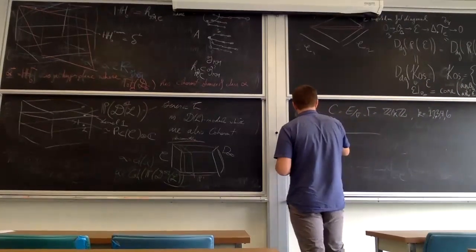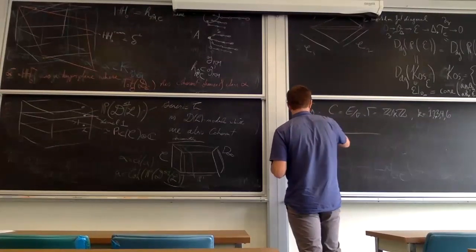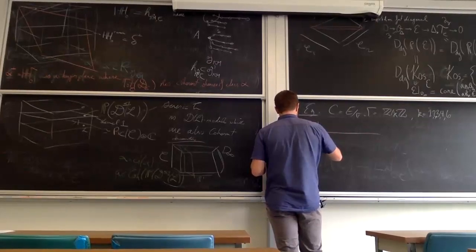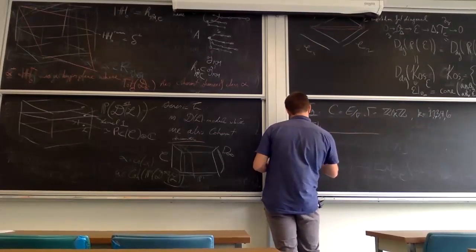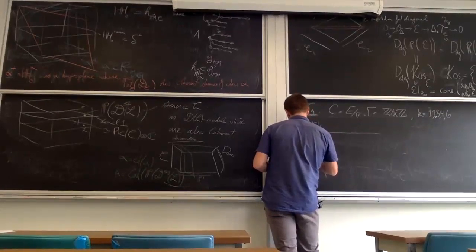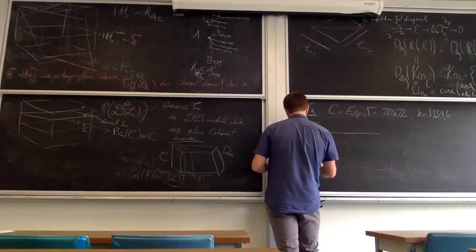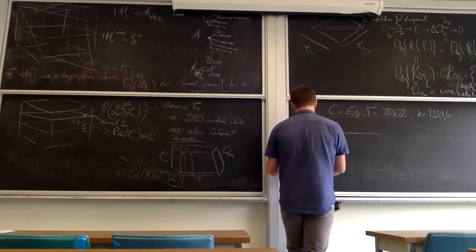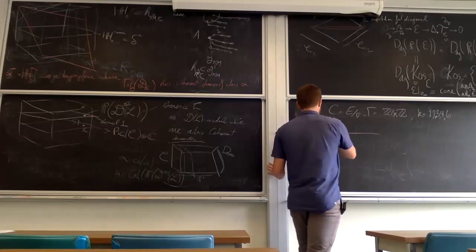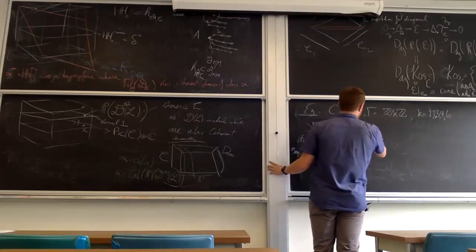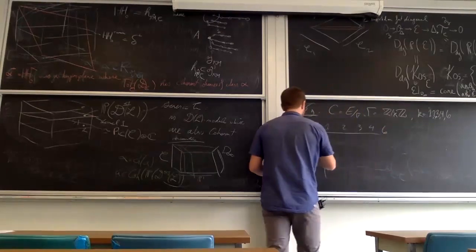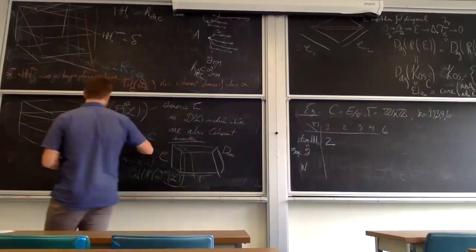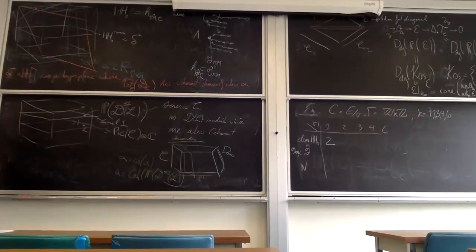I'll just draw a table: here's the order of gamma, here's the dimension of HH0, here's the corresponding Lie group, which is the Kac-Moody group of the curve, and here's a Weyl group. So the order is 1, 2, 3, 4, and 6. In the first case, we have a 2-dimensional space because the HH0 of any smooth curve is just 1-dimensional.